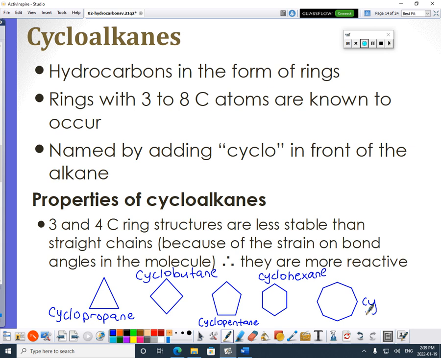One, two, three, four, five, six, seven, eight. So all you have to do is add cyclo.